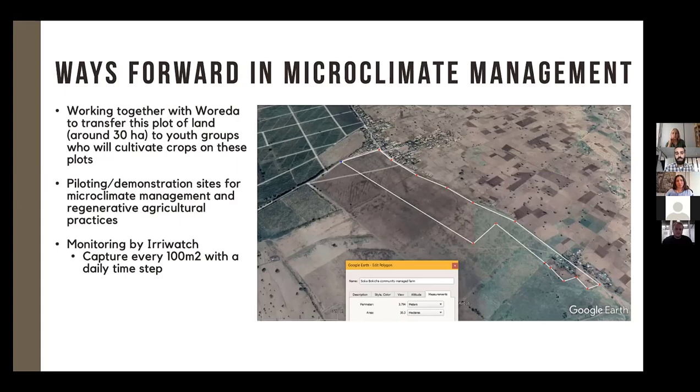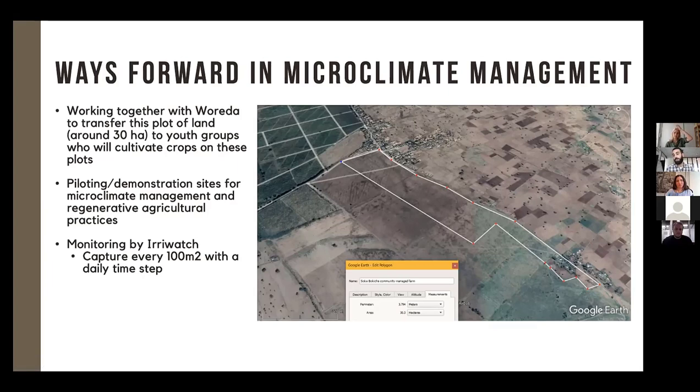This is really a fantastic test site for us where we can put into practice all the research and conceptualization that we've been doing on microclimate. The idea is that we'll have some monitoring done by AreaWatch so that we can look at these variables from the satellite images, but also do some ground validation with microsensors, working together with the communities and the extension workers in this area to gather as much data as possible.